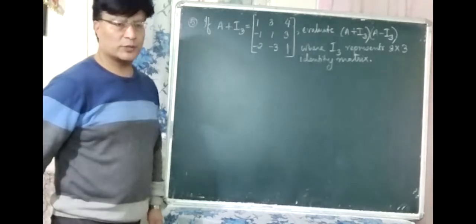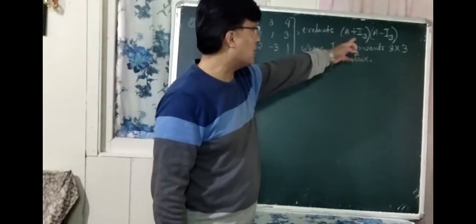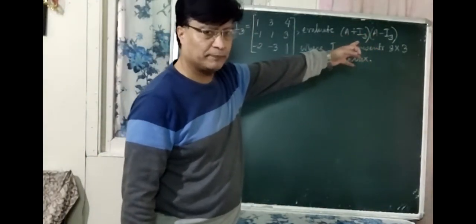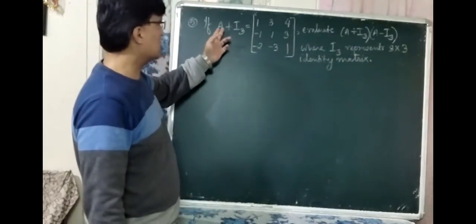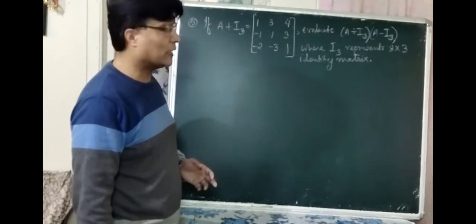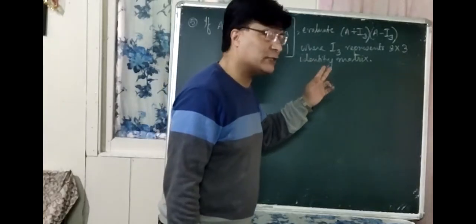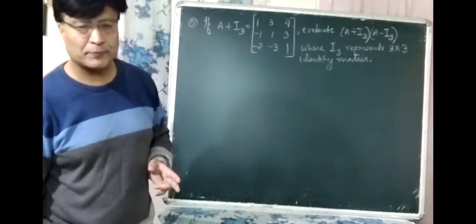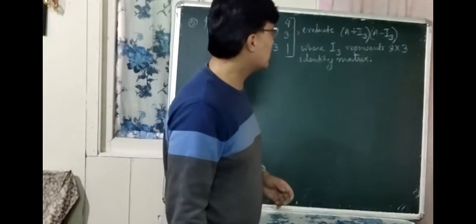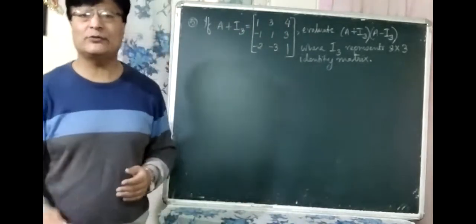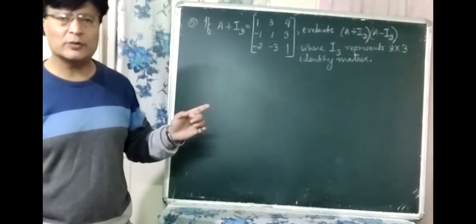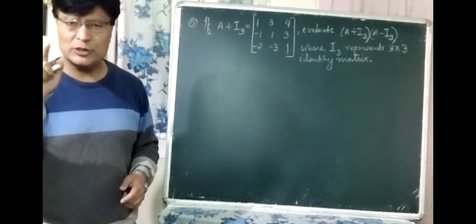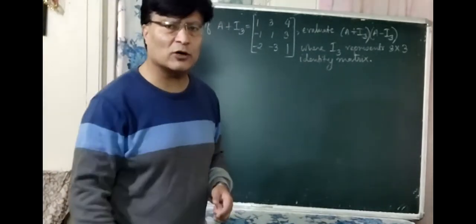We'll do this question now. You have to evaluate (A plus I3) into (A minus I3), where I3 represents the 3 cross 3 identity matrix. What do you mean by I3 identity matrix? I3 is equal to, in the first row 1, 0, 0, in the second row 0, 1, 0, in the third row 0, 0, 1.